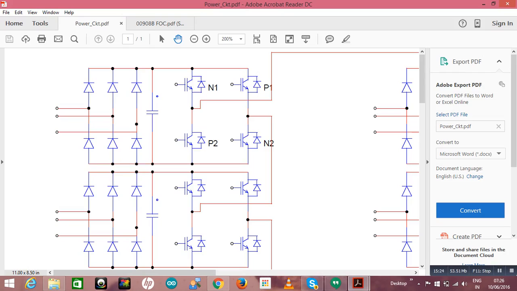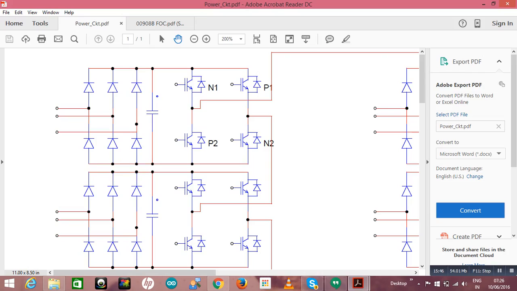Actually, I have developed the same drive with 3-level switching. This is not this type of H bridge. It's 4 switches in a leg, with 3 legs.